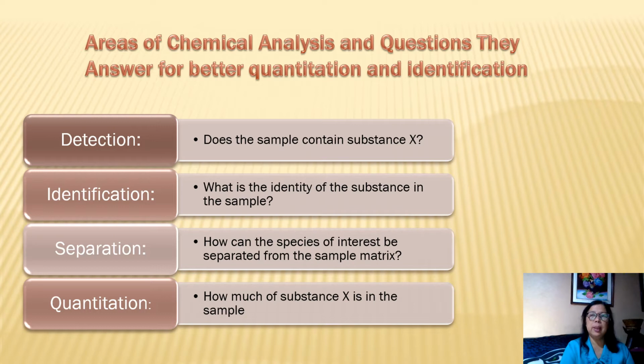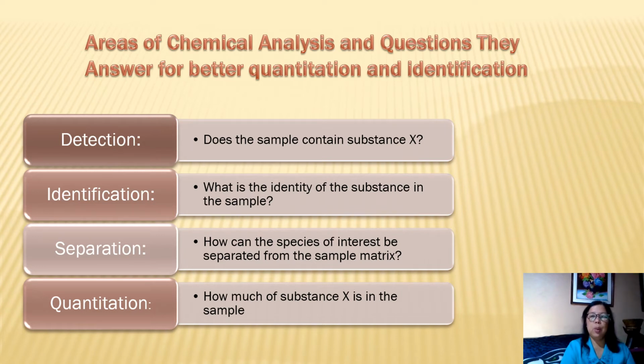But more or less, since there is a claim that Clorox might be added, you go for the test of halogen. But you should know how to separate the halogen in order to test for its presence. So here comes now the test for separation.